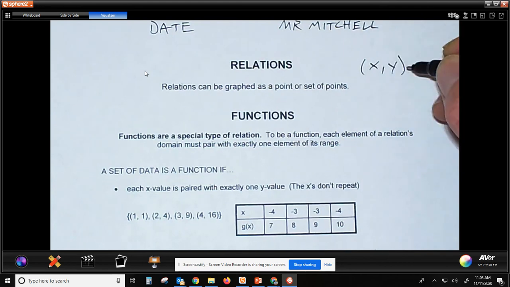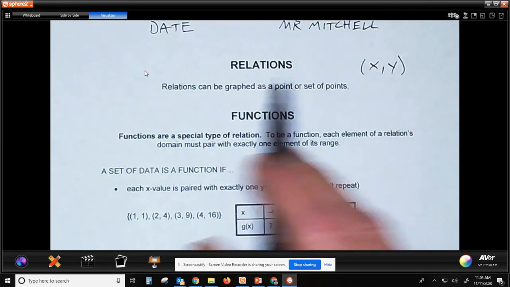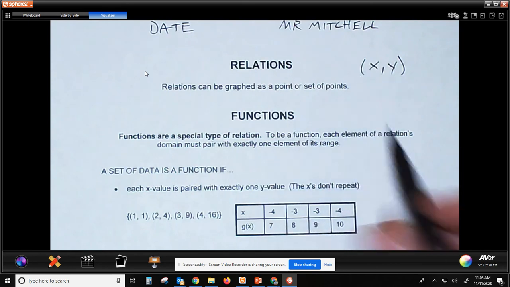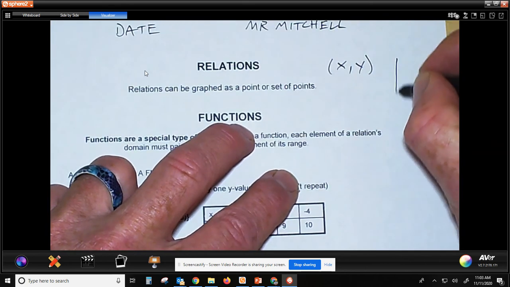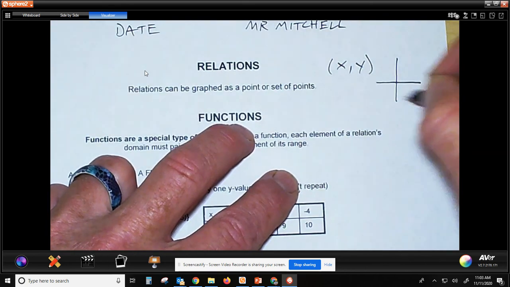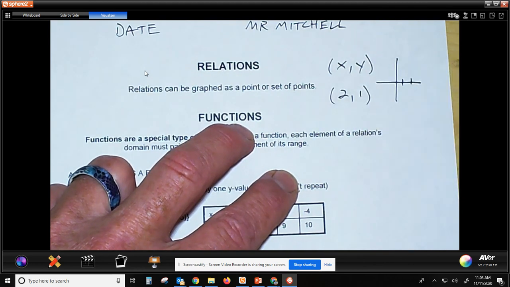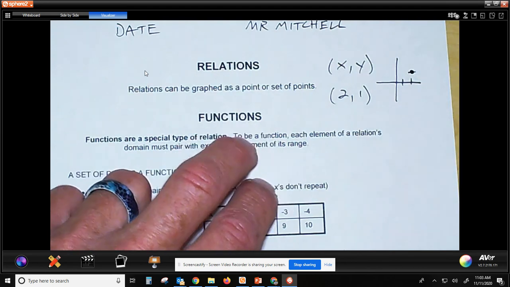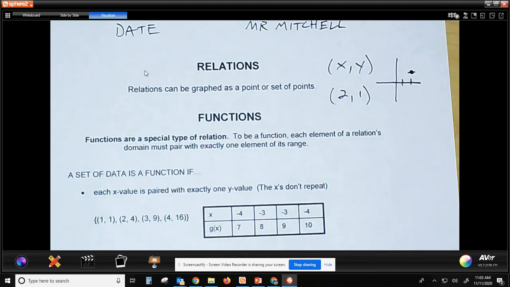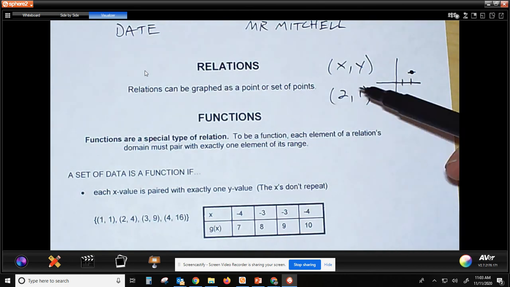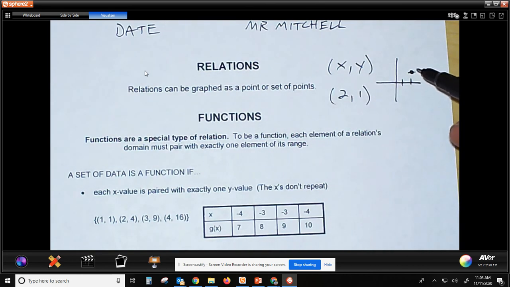And I can have a point, and that is a relationship between two variables. So if I illustrated it, and I had the point (2, 1), I would count over 2 and up 1. And there is a relation. There are two variables that decide where this point is in space.